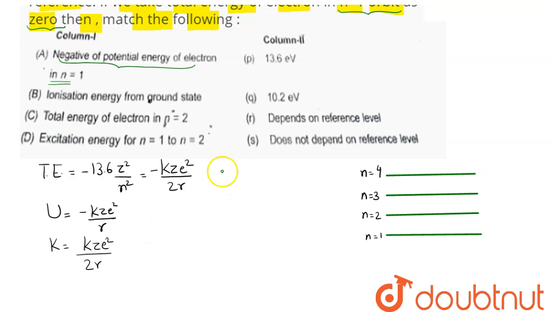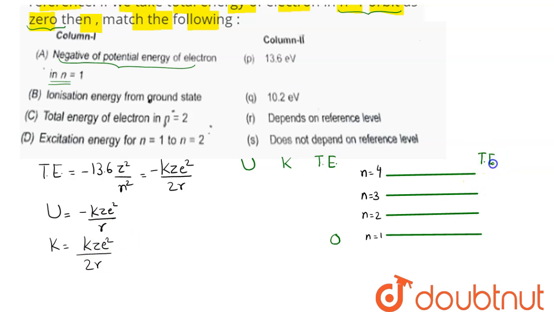So its potential energy, kinetic energy and total energy at n equal to 1 orbit are taken to be 0. Now its potential energy and kinetic energy will be equal in magnitude.